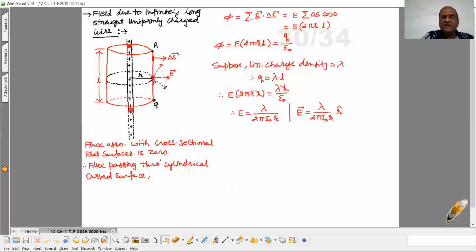But now if we take the components of this electric field, vertical and horizontal, then the vertical components, parallel to this particular surface, will cancel the effect of each other, and the horizontal components will sum up in this direction. So the resultant field will be radial. Here suppose the linear charge density of the wire is lambda, meaning charge per unit length of the wire.